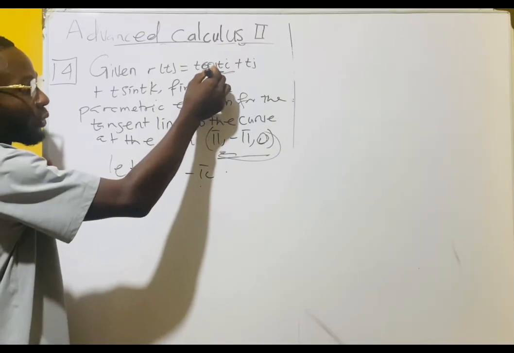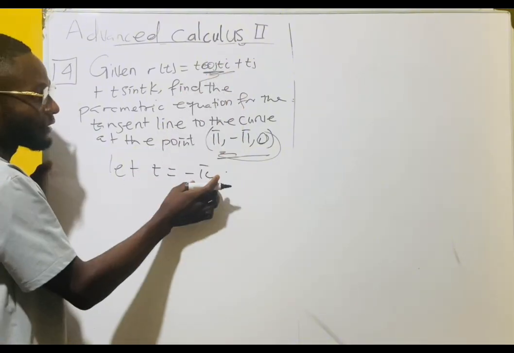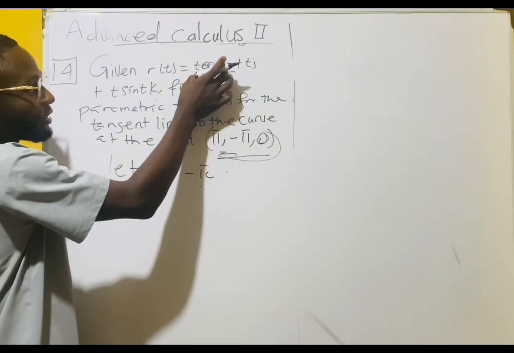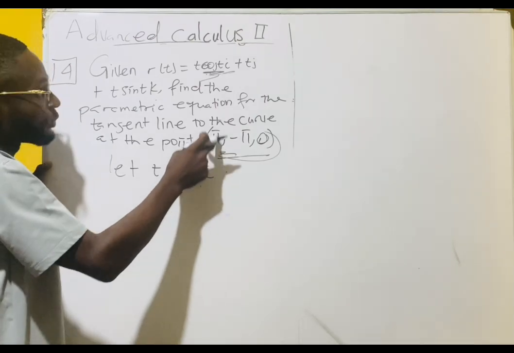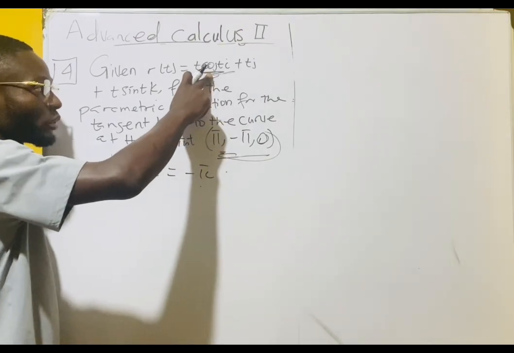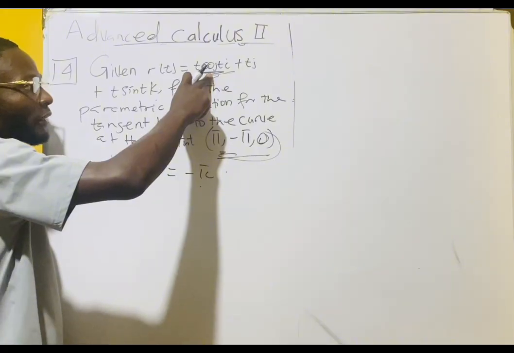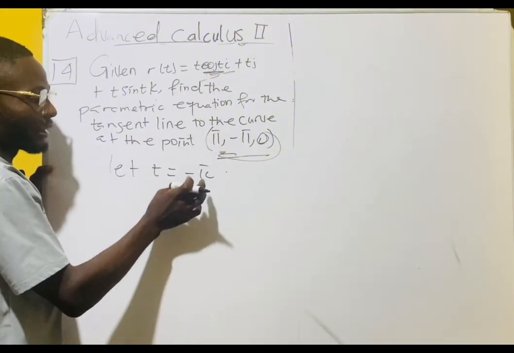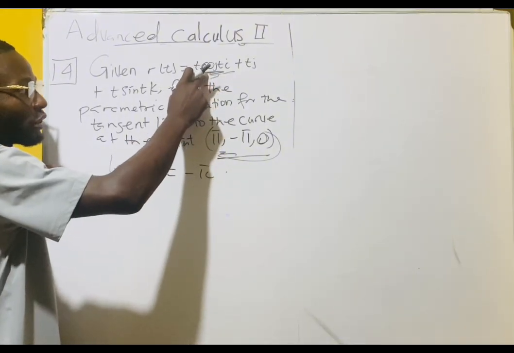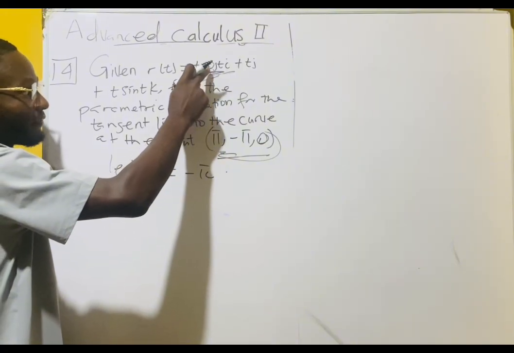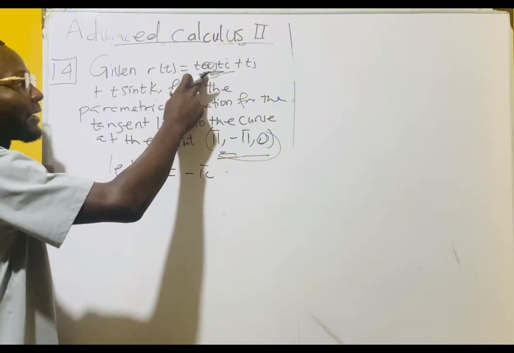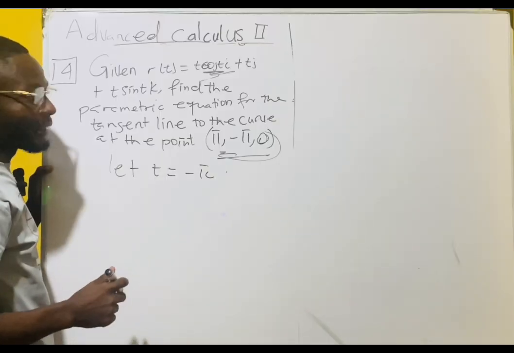Then we will know if this negative pi is going to give us, when you substitute into t cos t, pi. So when you substitute negative pi into cos, you're going to have negative 1, and negative 1 times negative pi becomes pi.